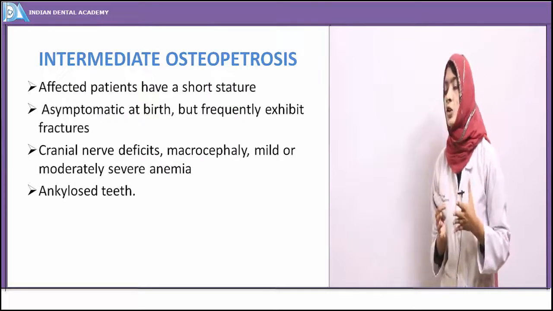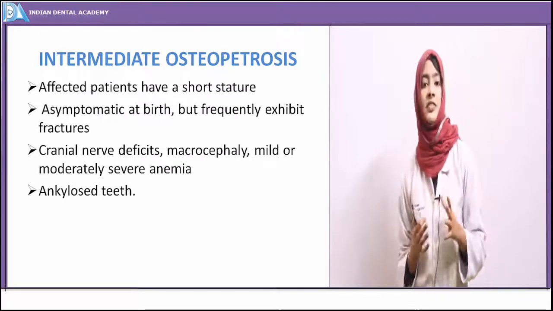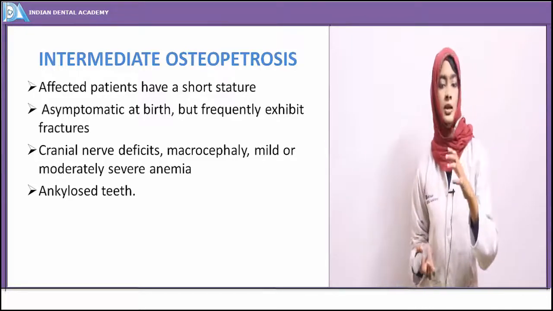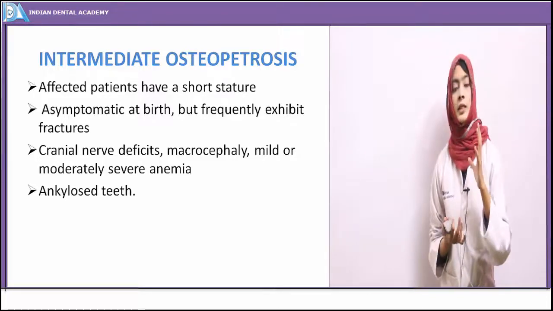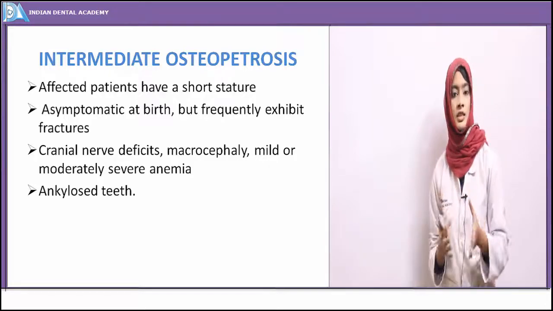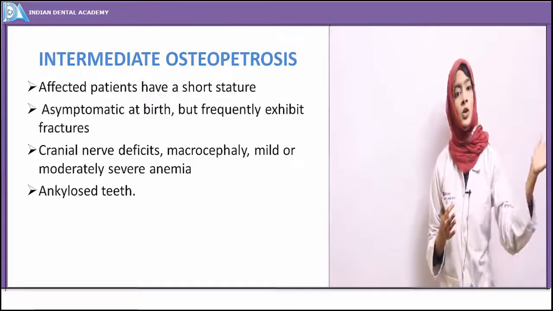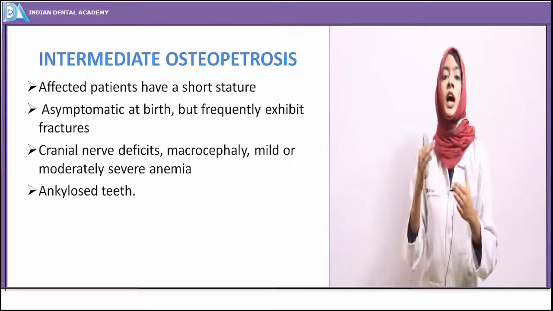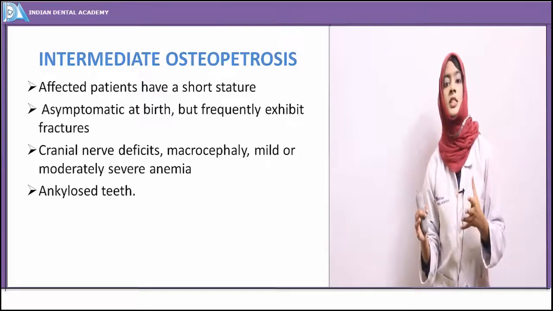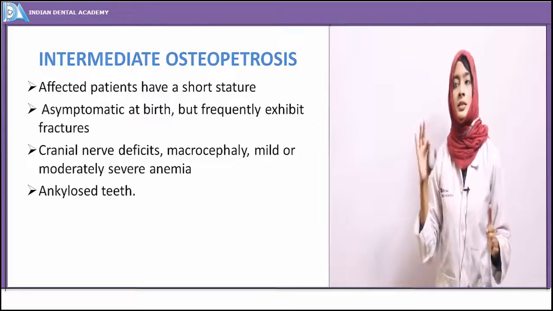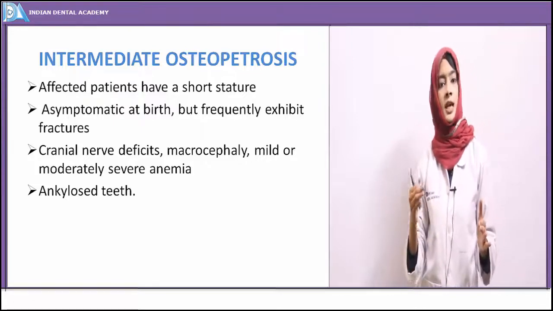Then the intermediate osteopetrosis. Here the affected patients usually show defects in the limbs. They may have a short appearance. They may be asymptomatic at birth. Both the infantile and the intermediate osteopetrosis are not detected until about 10 to 15 years of age, until the child reaches adolescence, because the cases are asymptomatic.